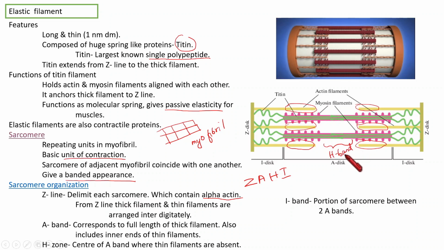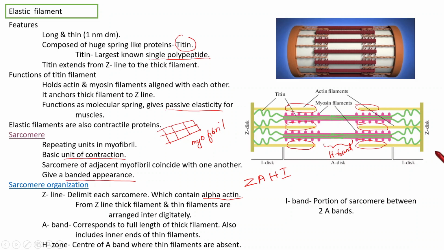Then one more band, that is the I band. The I band is the band that we can see between two A bands. This is one A band, and this marks the end of one sarcomere.